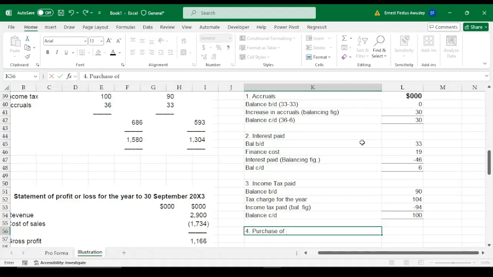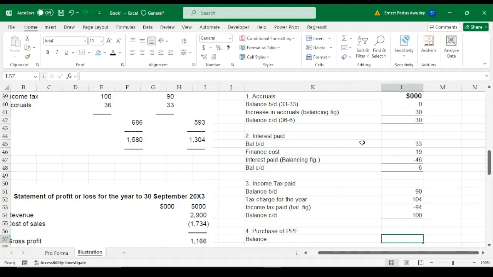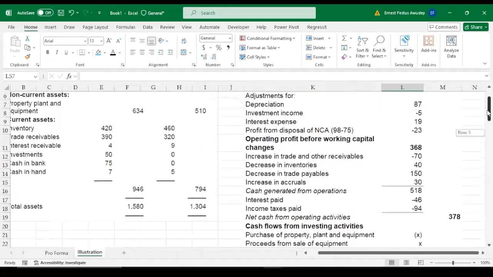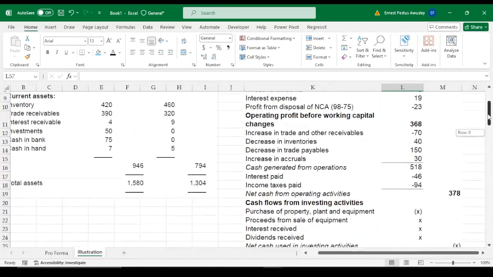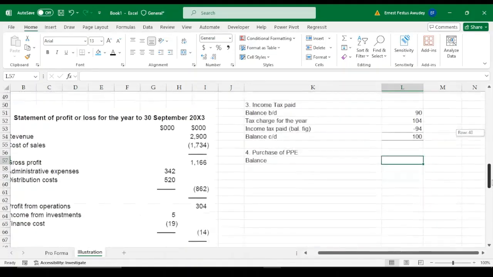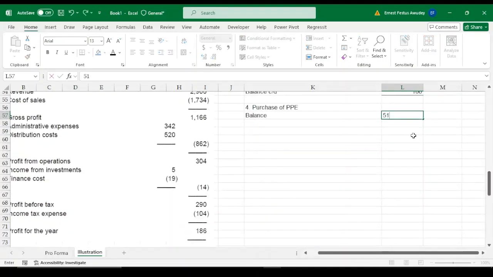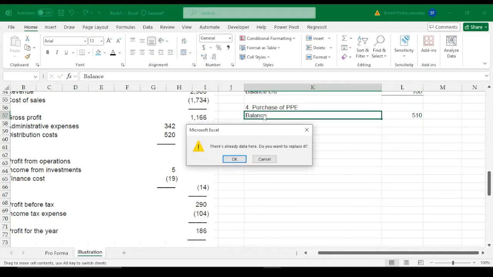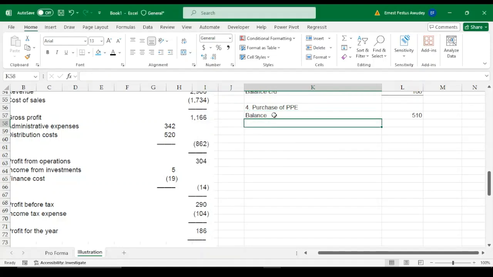So purchase of PPE. What is the balance of our PPE at the beginning of the period? That can be found on the statement of financial position. So let's come here. Property, plant, and equipment at the beginning of the period was 510. At the end of the period was 634. So this is 510 at the beginning of the period, so this is actually balance brought down.